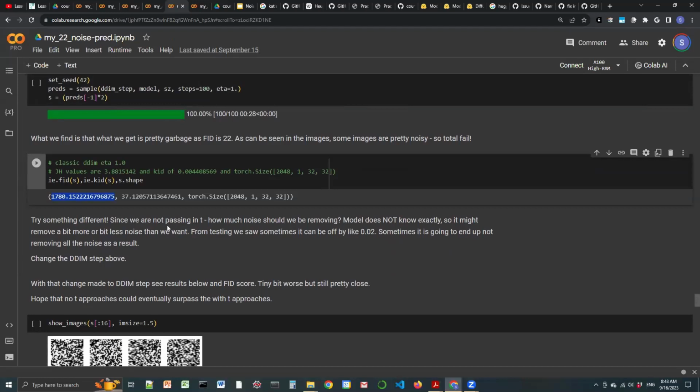But so here, what he says is, okay, we are not passing in the time step, but one of the things which is interesting when we don't do that is that the amount of noise the model has to remove is obviously dependent on the time step. When you have a time step which is much farther along in the forward process, then you need to remove a tremendous amount of noise.